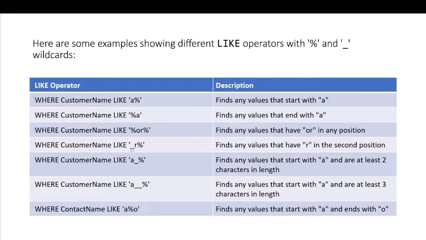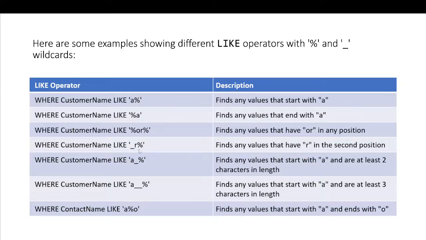The system recognizes SA, any letters, it doesn't matter, but two underscores, so R is there in third position, and after R it can be any number of letters.